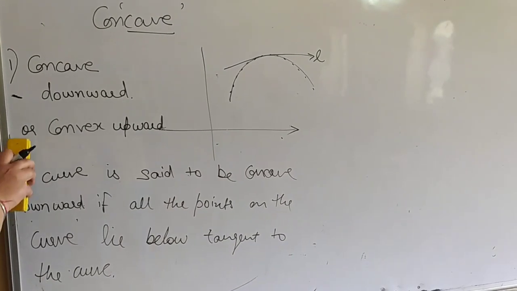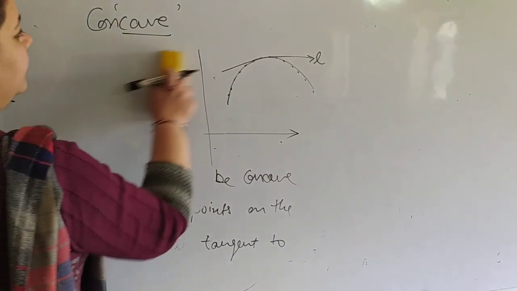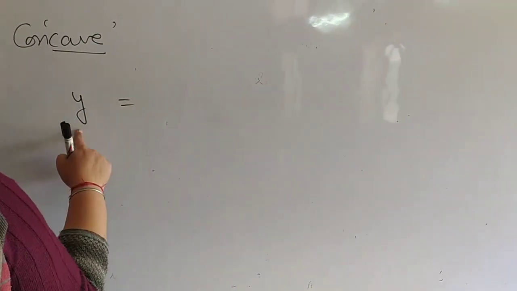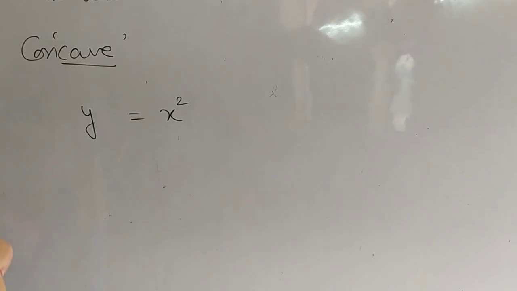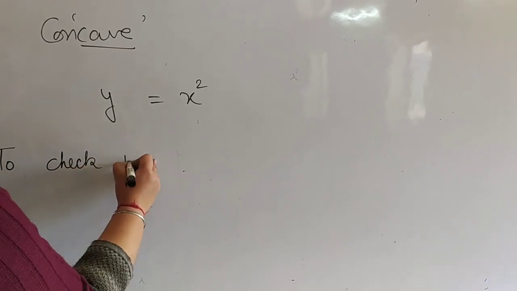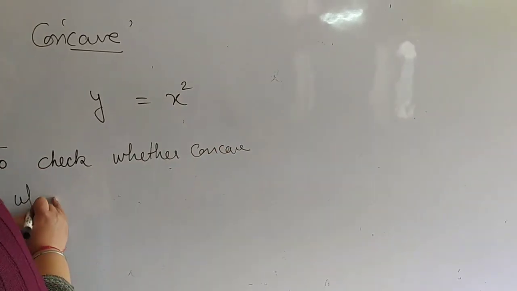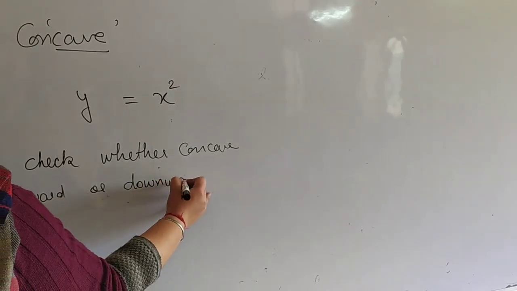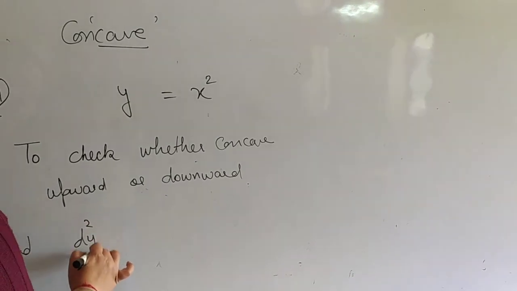Now we will take some examples to check. First we will take a very simple example of a curve, y is equal to x square. Now to check whether the curve is concave upward or downward, first of all find the double derivative.